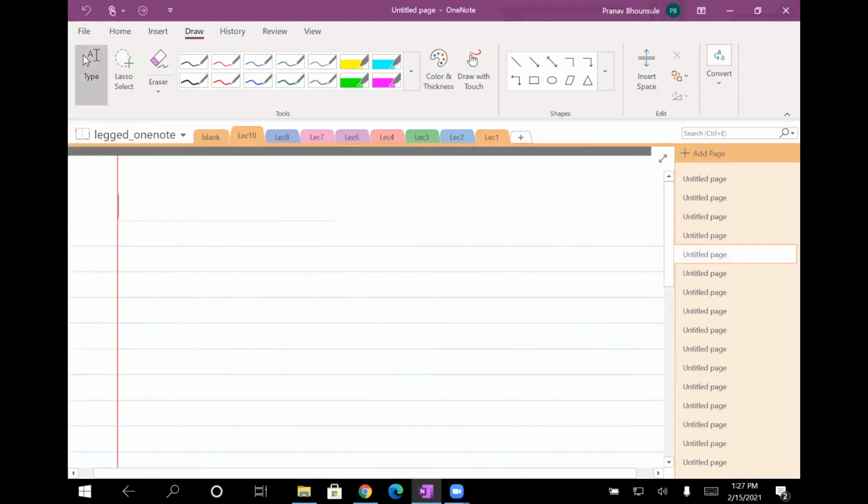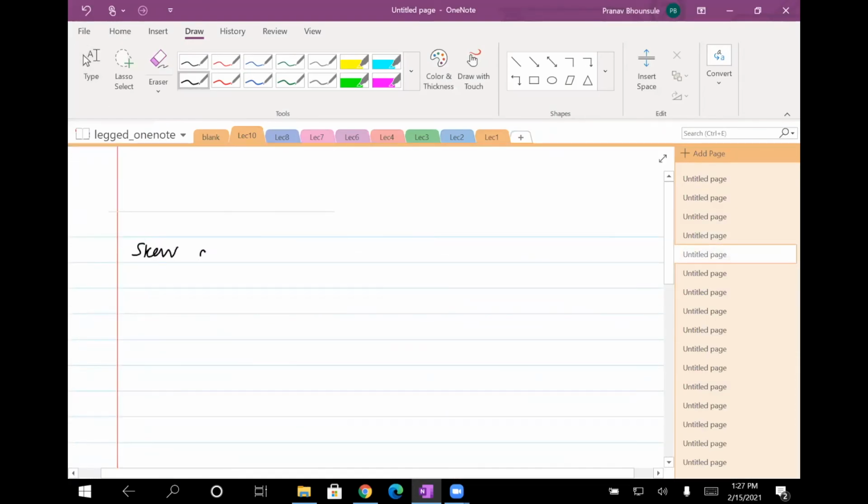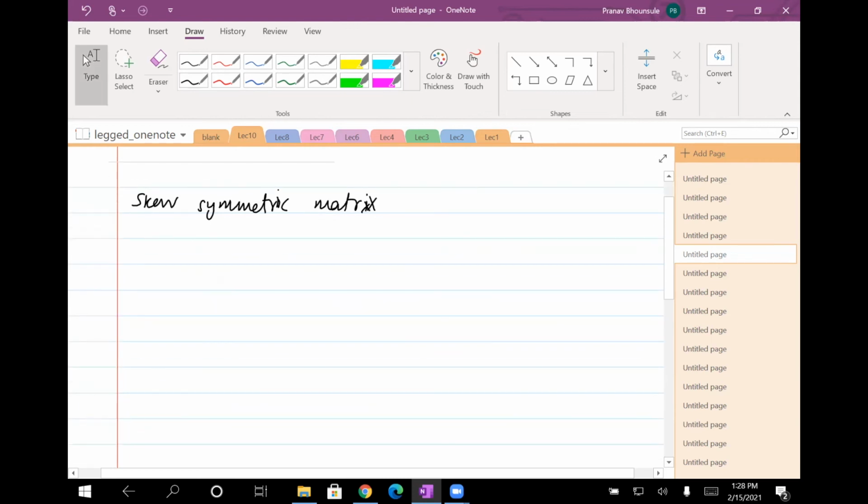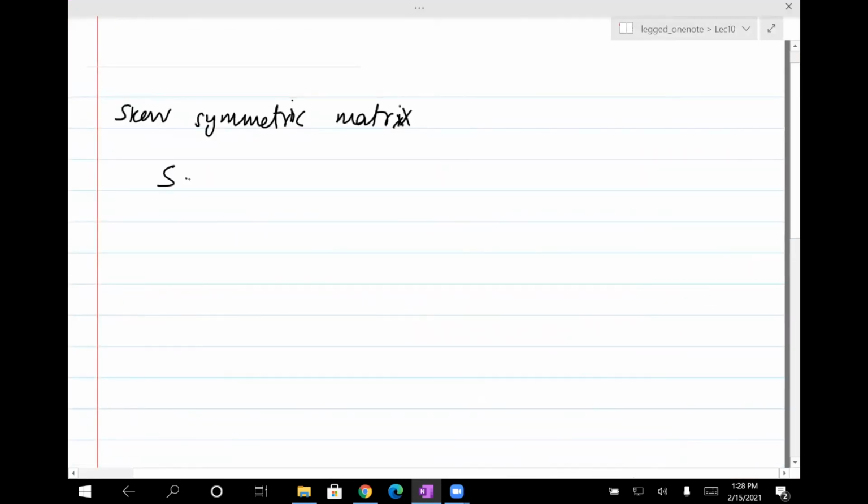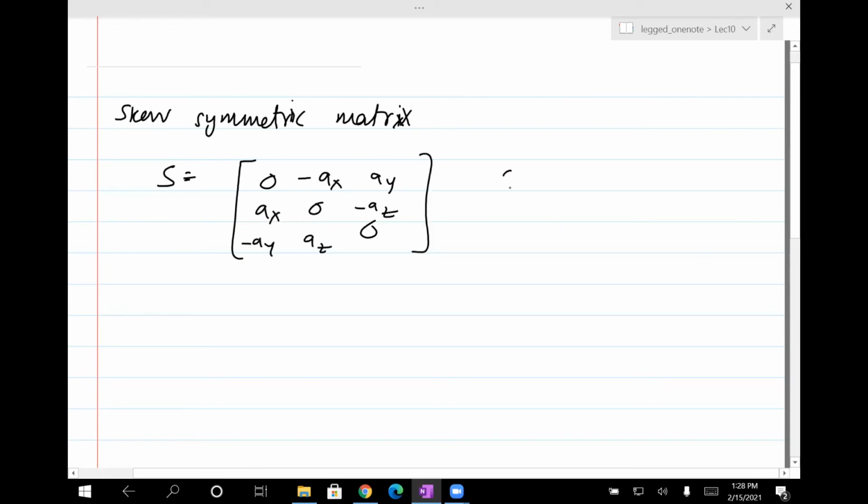A skew symmetric matrix has a special form: 0 on the diagonals, and entries ax, ay, az with minus signs, and it has the property that S plus S transpose is 0.